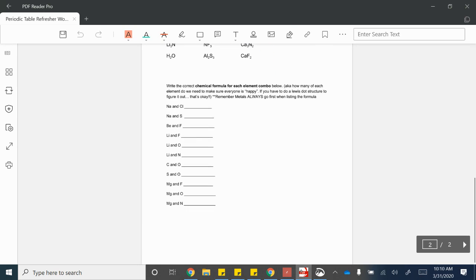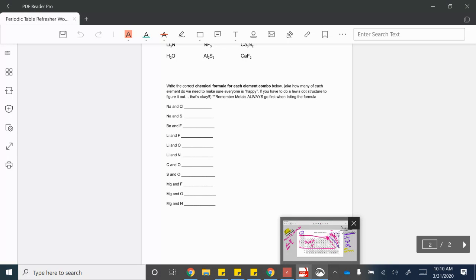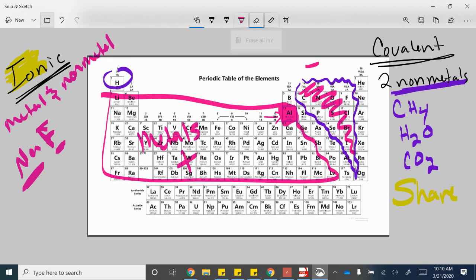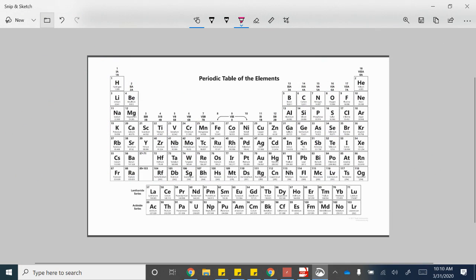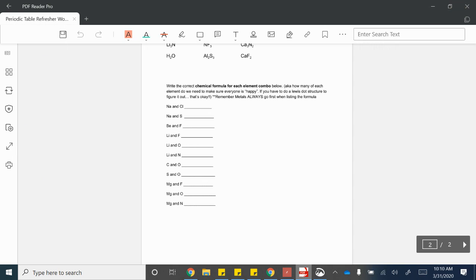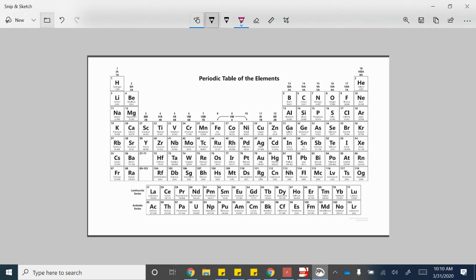Okay. So then we get down to writing the correct formula for each compound. I'm going to show you a trick, or remind you of the trick, for ionics. So let me erase this again, and we'll just do the first one together. So we have sodium and chlorine, Na and Cl. Sodium is in that first column, so sodium is going to form a +1 charge.